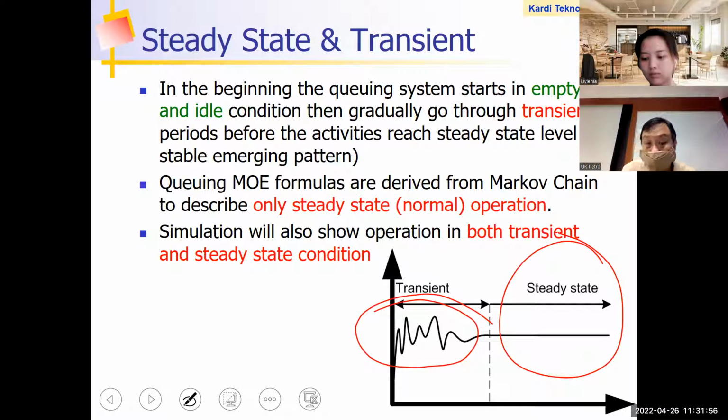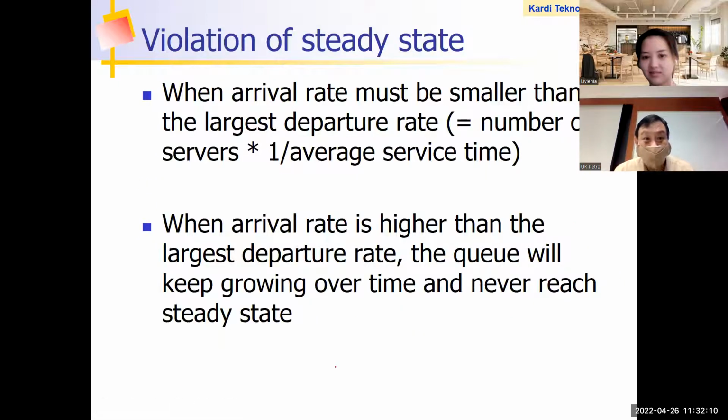Why? Because you include the transient period, unless you cut off the transient period. So this was my question in 1996 that they didn't answer. Anyway, when the arrival rate is not smaller than the largest departure rate, then there is a violation of the steady state condition.